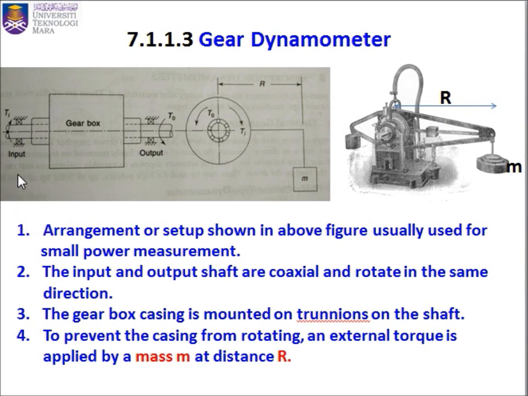Ti stands for T input. From this picture, it rotates in clockwise direction, and the output will rotate anti-clockwise. So as you can see, T input is clockwise, the output is anti-clockwise.